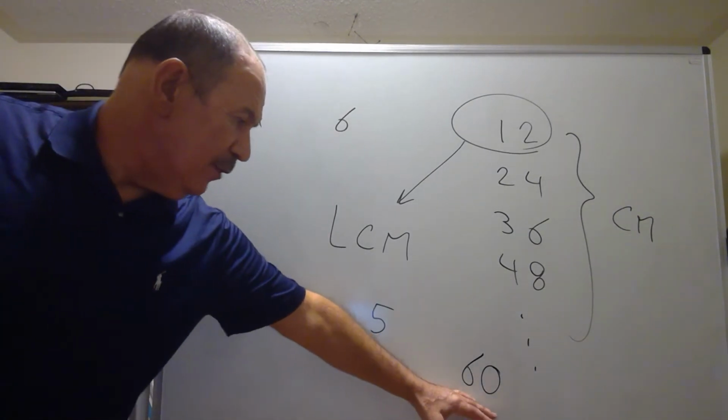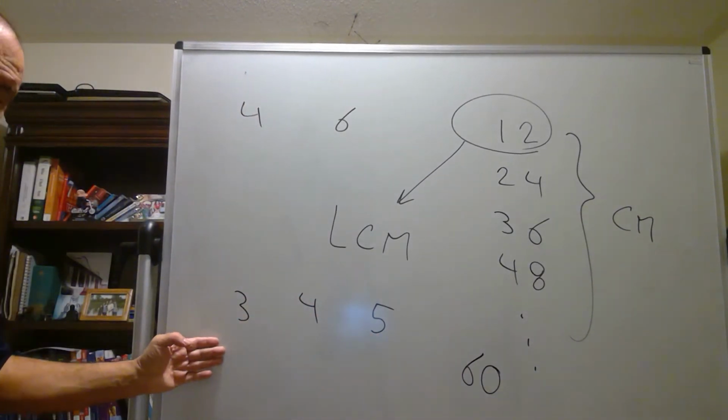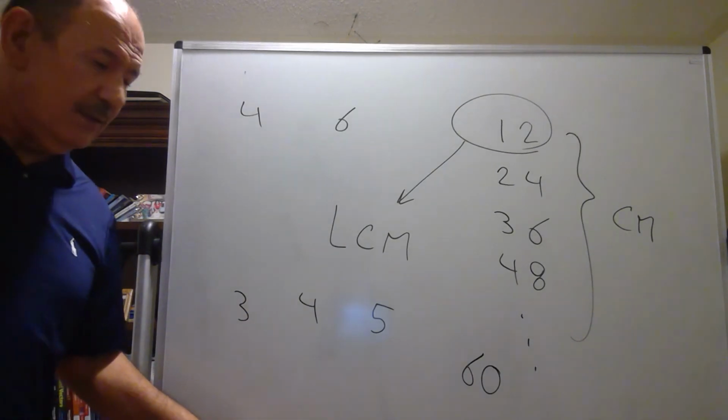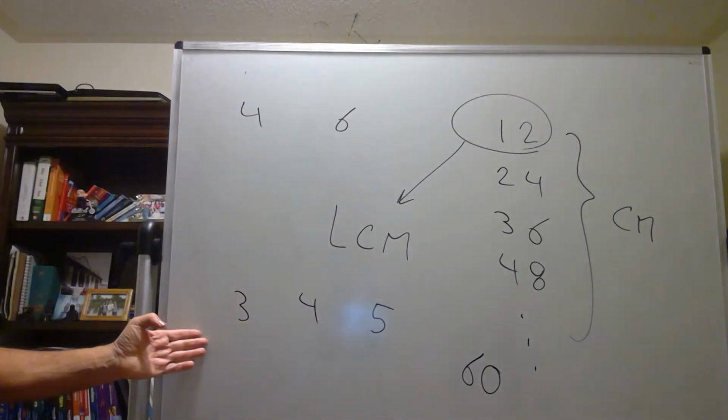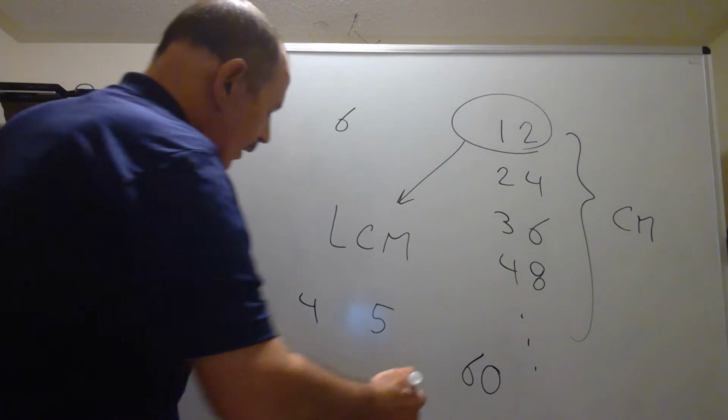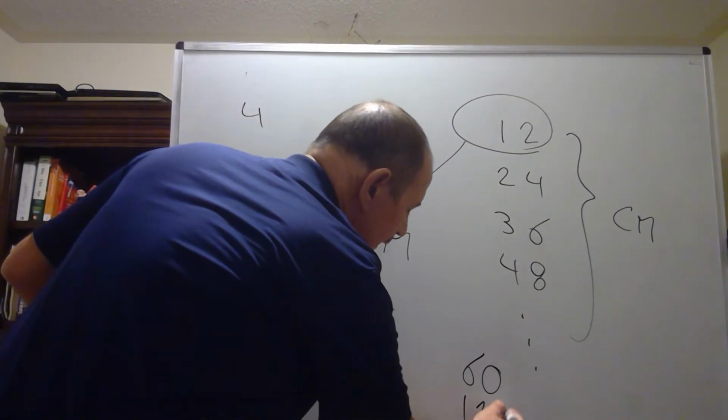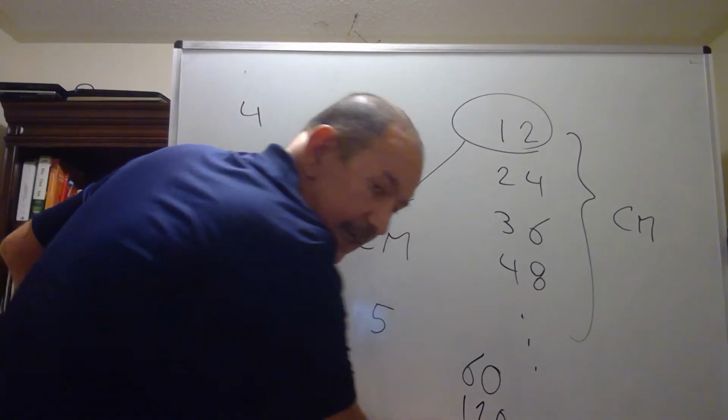As you see, if we divide 60 by all of these 3 numbers, the remainder is going to be 0. So 60 is one of the common multiples. The other ones are going to be 120, 180, and it keeps going.